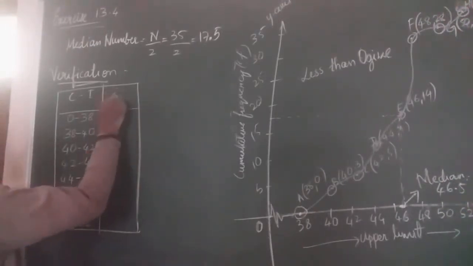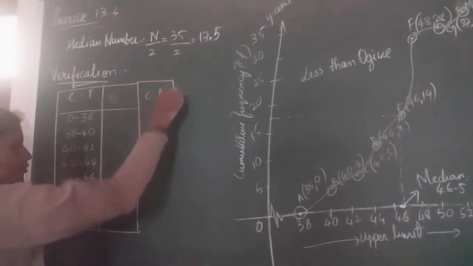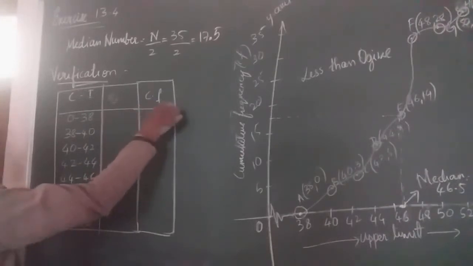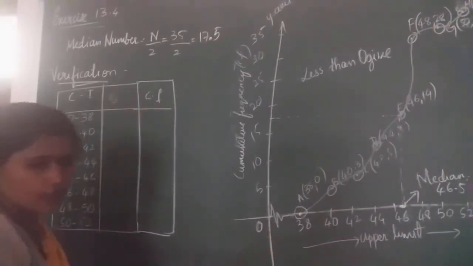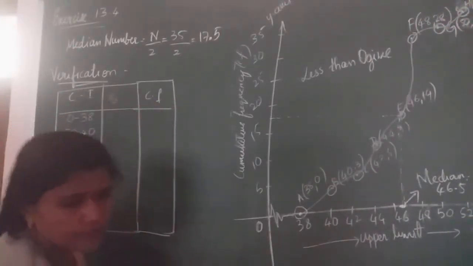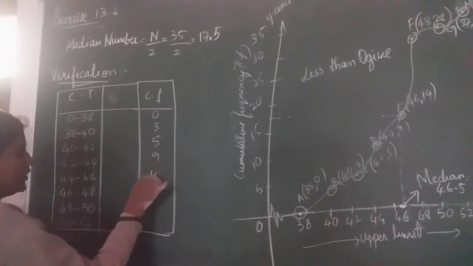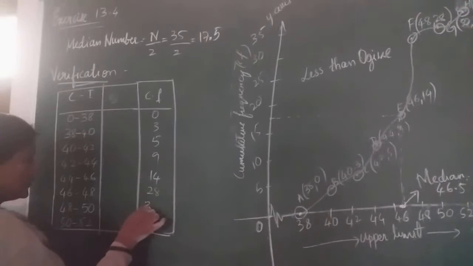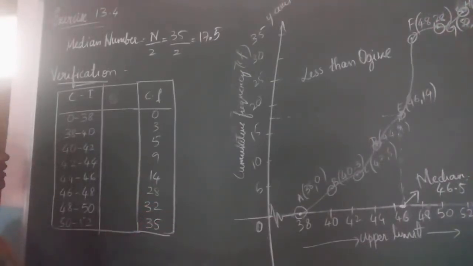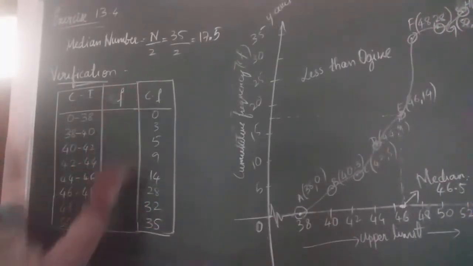Next, we have to take a CF there. Already they have given the CF. I will take the CF here, and you have to find out the frequency table for it. Now here it is 0, 0, 3, 5, 9, 14, 28, 32, 35. This is the CF. Now how to find out the frequency here?